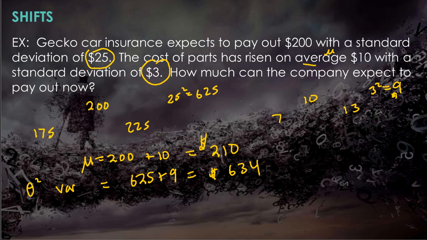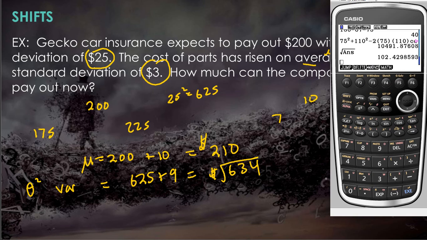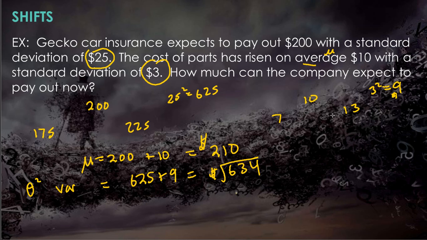But I'm asked for my standard deviation here, or I should have been asked. So I need to square root that. So I'll go ahead and do that. So we'll do 634 to the 0.5 and change that to a decimal, so 25.18 about. And we notice that this did not have that great an impact on the spread in the long run over here.